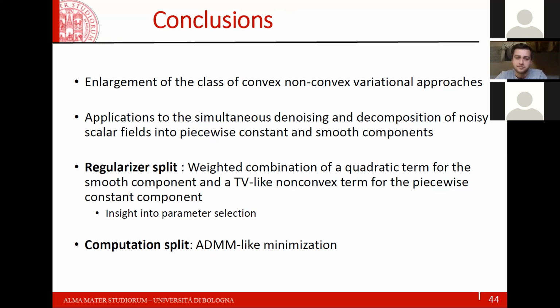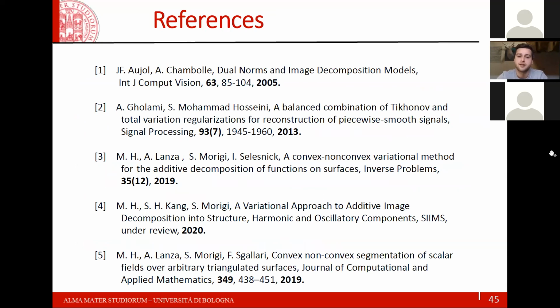There were two splits in this talk. The first one is the regularization split, which is a weighted combination of a quadratic term and a TV-like non-convex term, and the second is the computational split, the ADMM-like minimization. And with the references, I thank you for your attention.